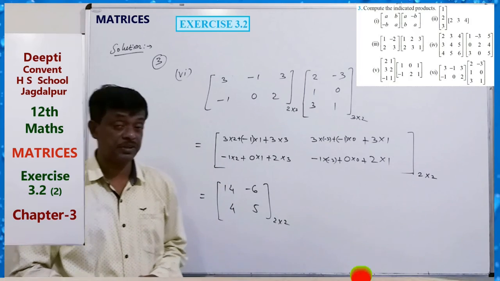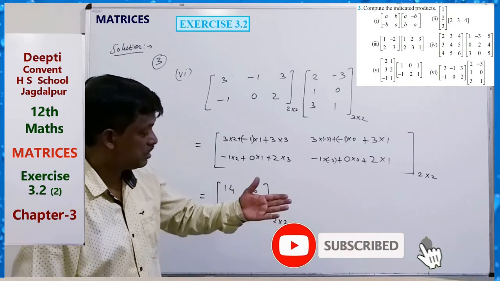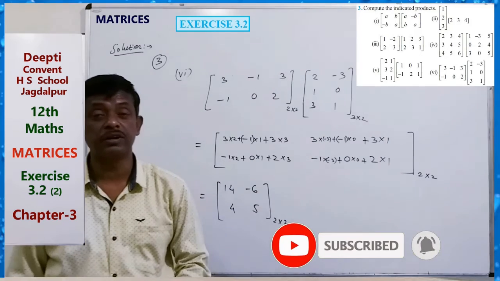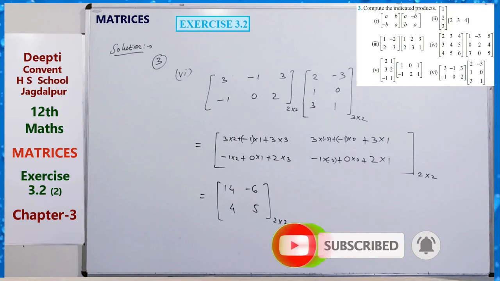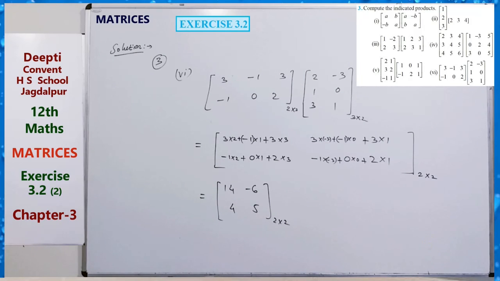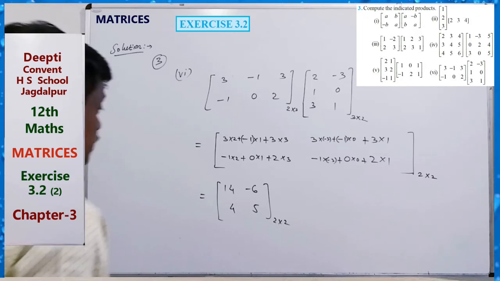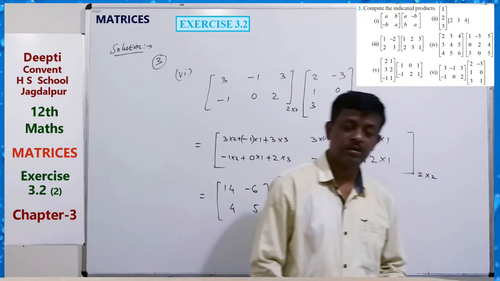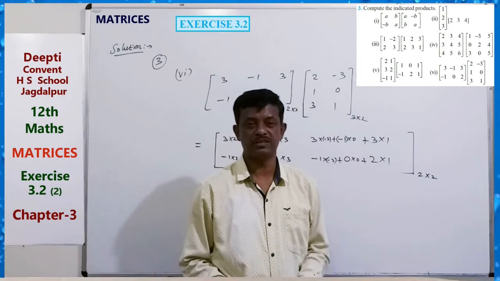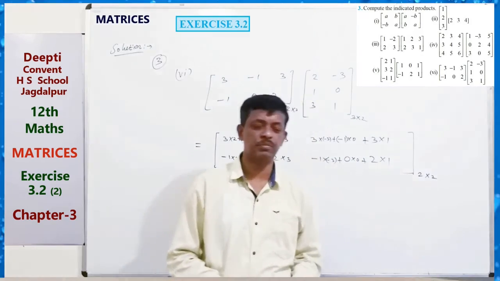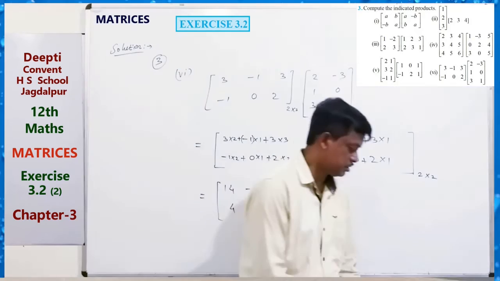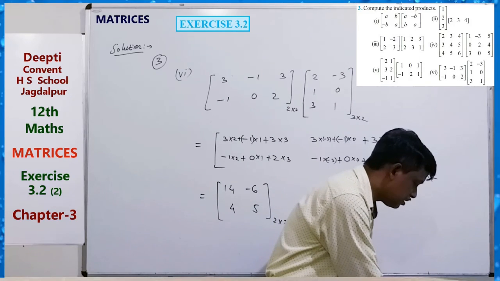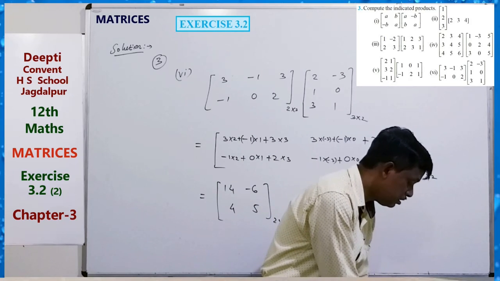Multiplication is very, very important. So complete the remaining parts, the 4th and 5th. Try to multiply more matrices by taking examples, and also do some more questions for multiplication, because multiplication is very, very important.